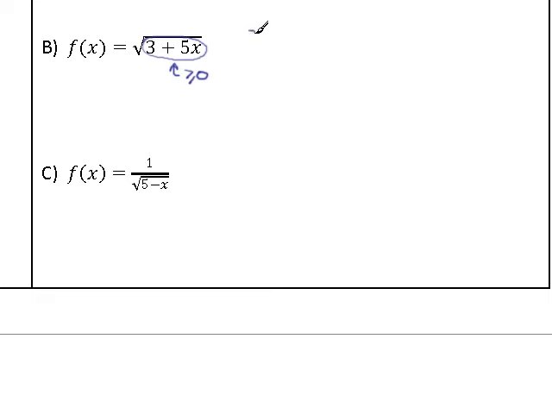So let's write that down. We want 3 plus 5x to be greater than or equal to 0. And now just solve for x. So we're going to subtract 3. All right, so we want 5x greater than or equal to minus 3. And just divide by 5. And we see that we only want x values greater than or equal to minus 3 over 5. Okay, and that's our domain.